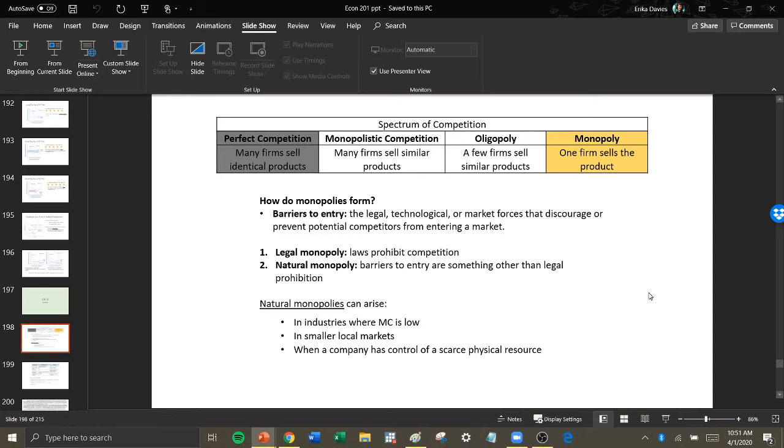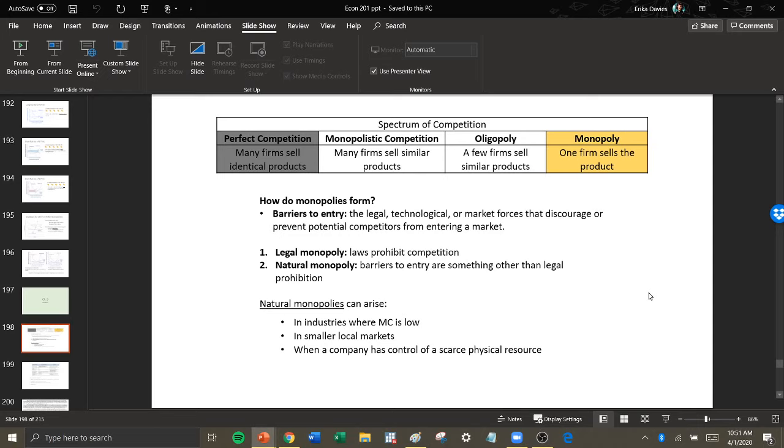How do we get in a situation where only one firm is selling a product? Well, there are barriers to entry involved. We talked about this on Monday, so I'll go through it quickly. For a legal monopoly, there are laws prohibiting competition.